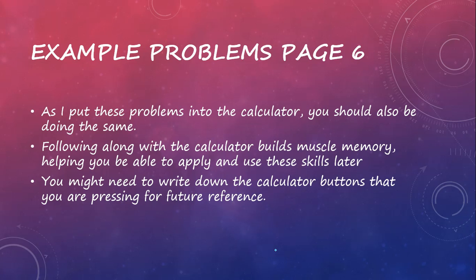As we go through these, you should be putting these equations into your calculator. You're going to want to follow along with the calculator because it builds your muscle memory and it will help you be able to apply and use these calculator skills later. If you need to, you might want to write down the calculator buttons that you're pressing so you know what to do in the future.